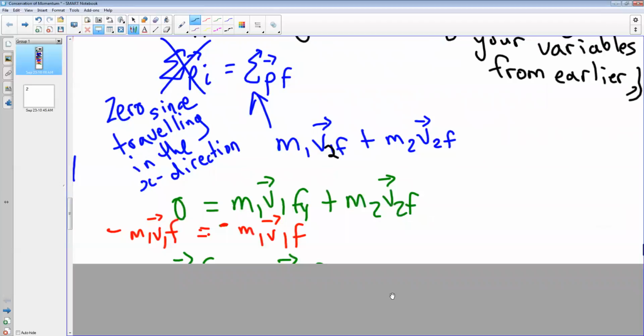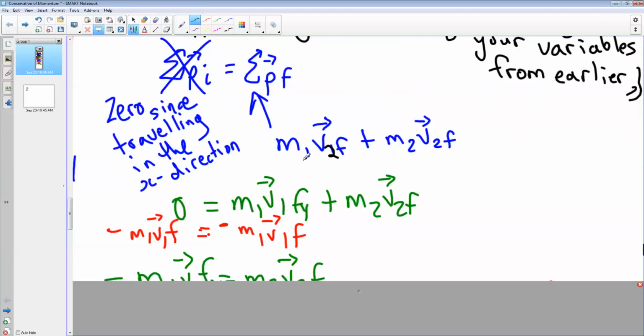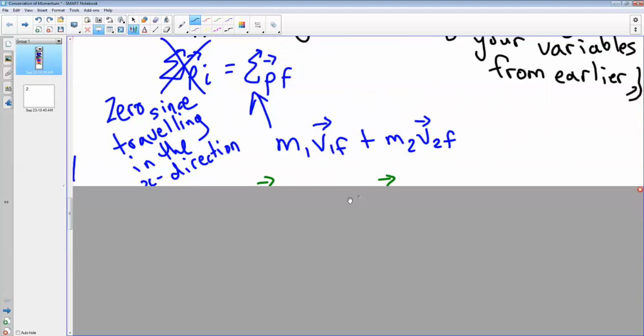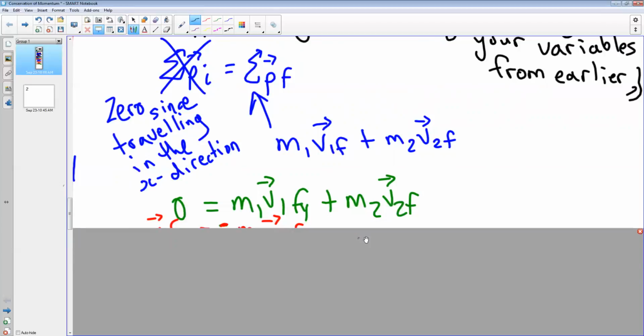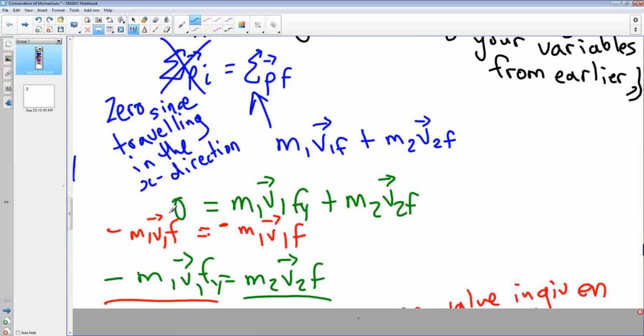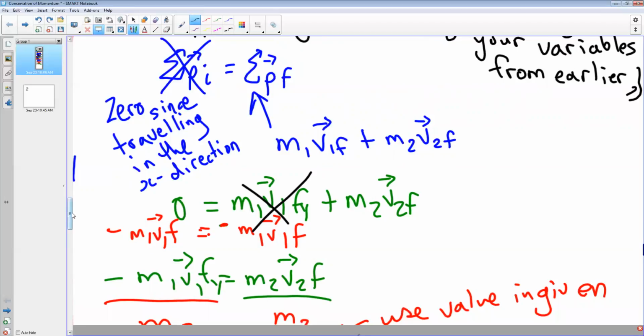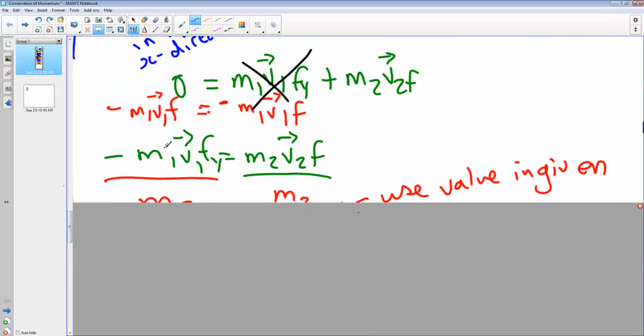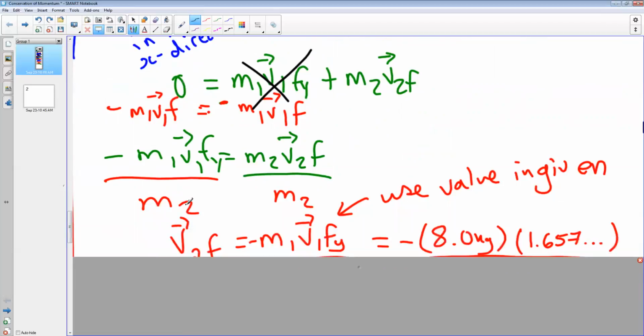Okay, so in the end, using rearrangements of the equations again, you're going to realize that this was 0 on this side, so you have to move it to the other end. You have to subtract it. Subtract, this cancels out. So what are we left over with on the left? We have the subtraction of the m1 v1 fy over m2. The m2 is just representing the mass 2.